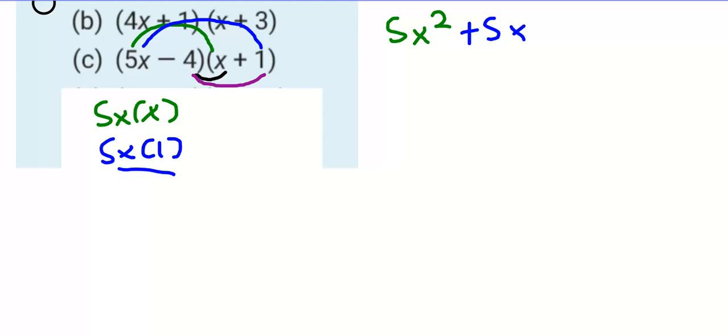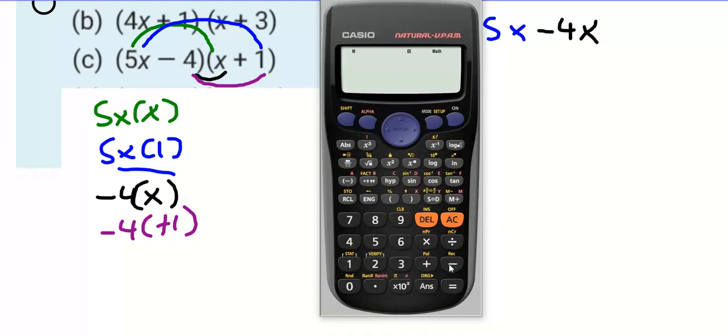Next one, what's minus 4 times x? Minus 4. Yeah. And minus 4 times plus 1? That'll be minus 4, isn't it?